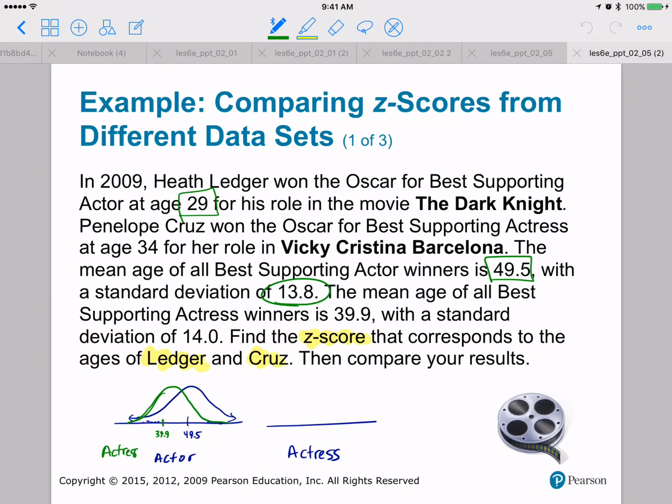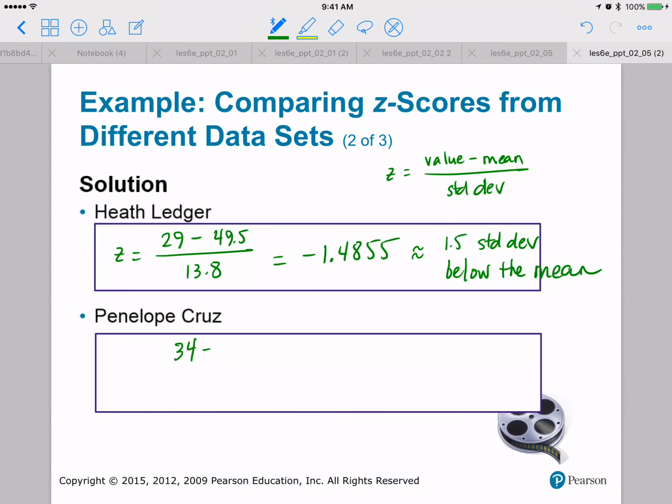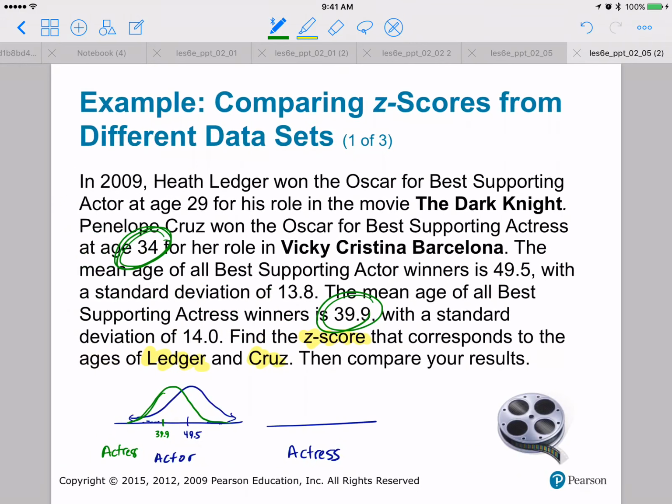And on the other hand, let's calculate for Penelope. So for Penelope, her value is 34. Her mean is 39.9. So let's do 34 minus 39.9, and then we need to divide by the standard deviation. Standard deviation of 14.